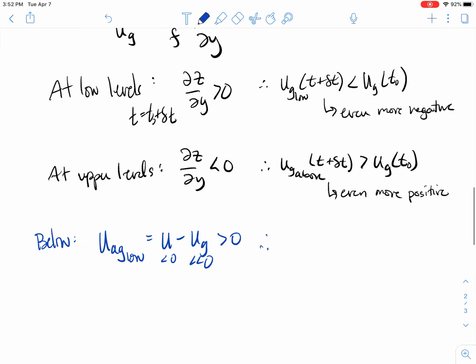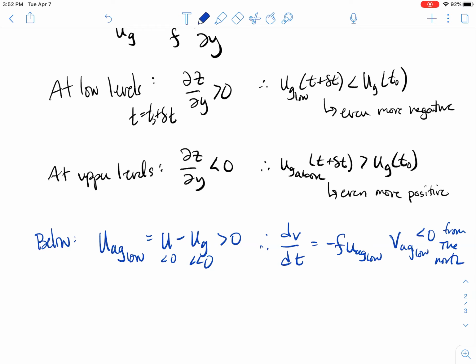And we know that because we can relate our dV/dt term equal to minus f times UAG low, such that VAG low will be less than 0, or from the north.